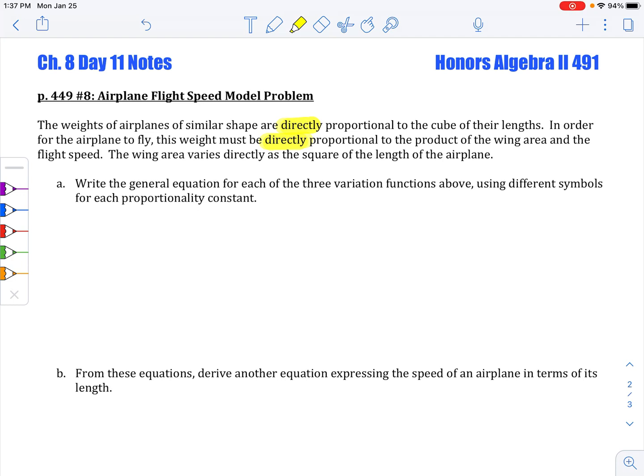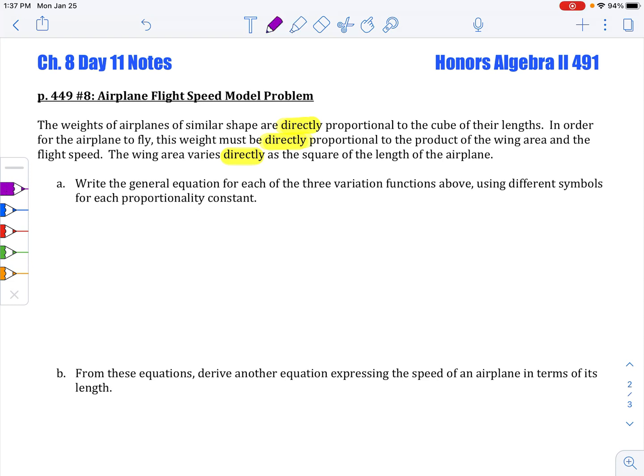The wing area varies directly as the square of the length of the airplane. 3 different sentences, 3 different equations then. They don't have the same constant. They do not all relate, like the problem above, to safe load. One is weight, one is wing area, etc., etc.